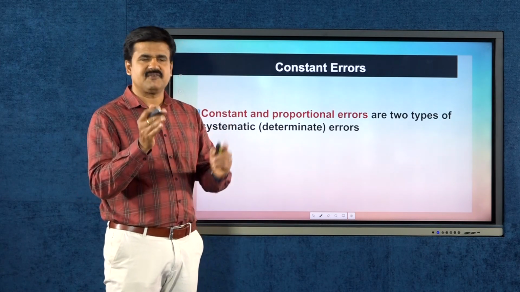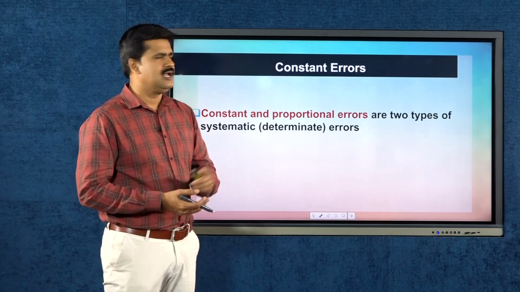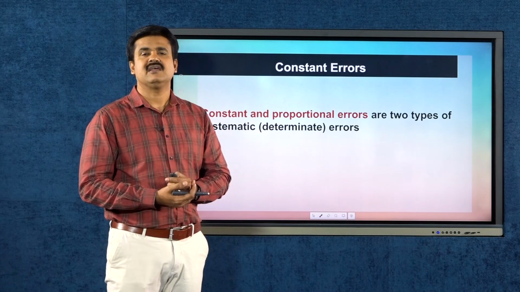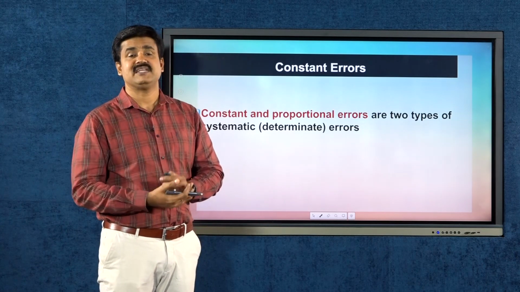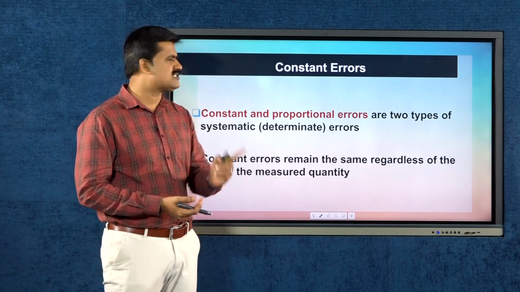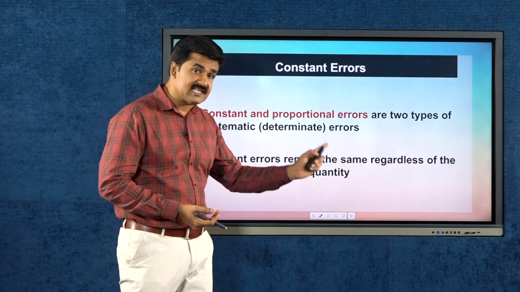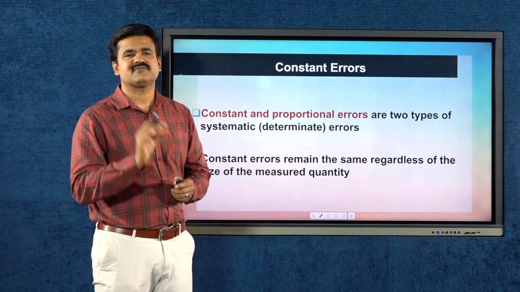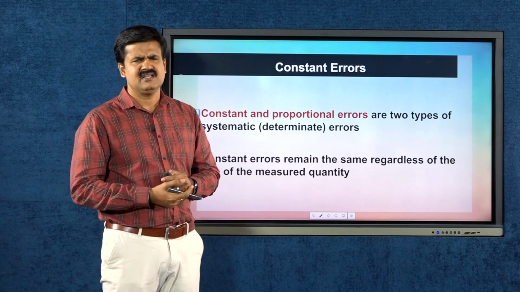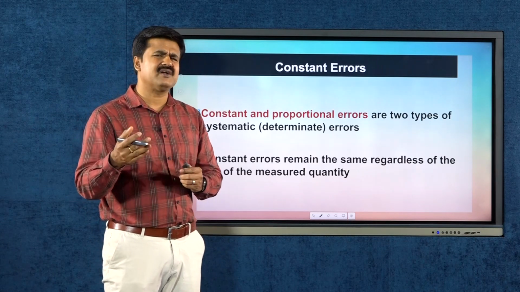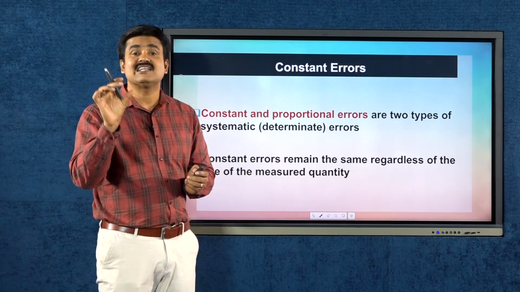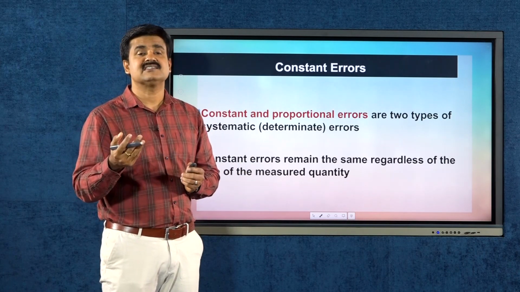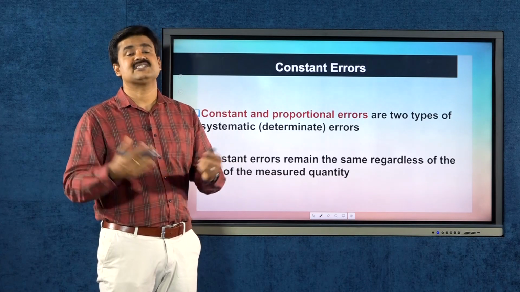So, first of all, you keep in mind the fact that constant and proportional errors are two types of systematic or determinate errors. Constant errors remain the same regardless of the size of the measured quantity. If you are measuring a small quantity or a big quantity or anything, the constant error has a constant magnitude regardless of the size of the measured quantity.